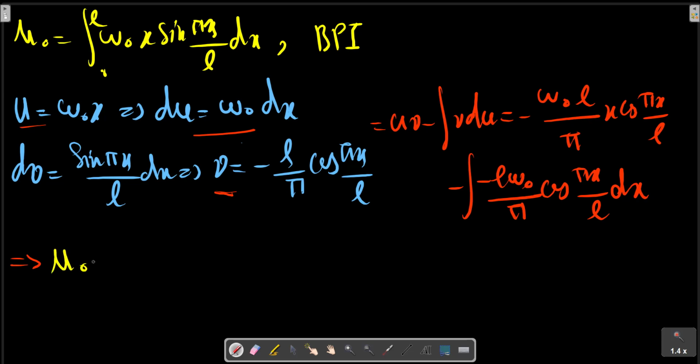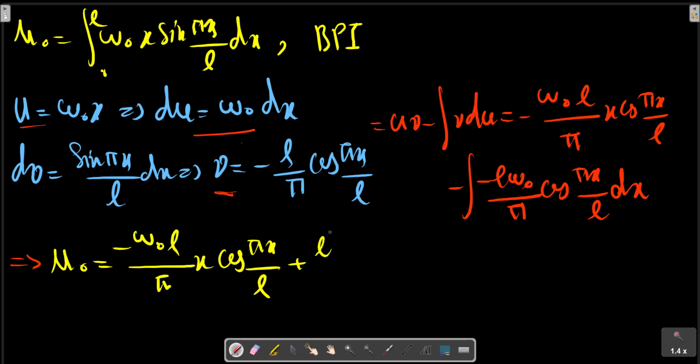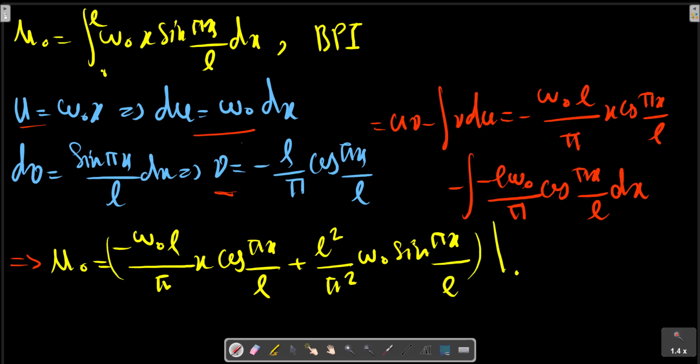We have this relation for M0, plus omega 0 L squared on pi squared sin(pi x on L) from 0 to L.